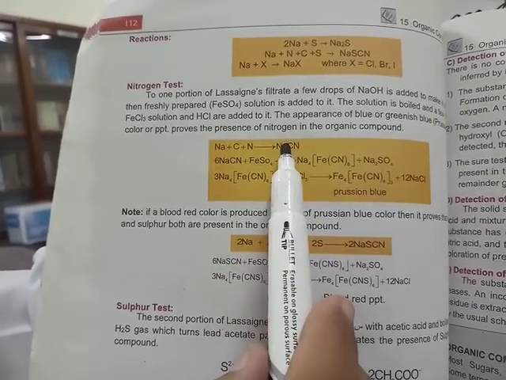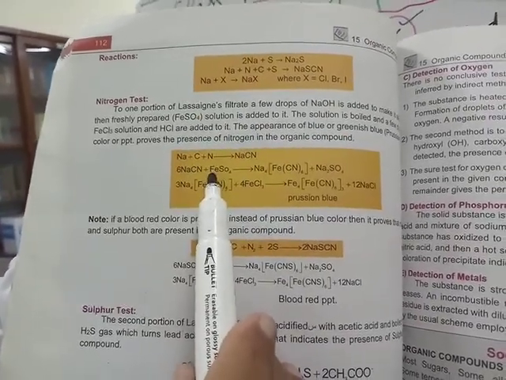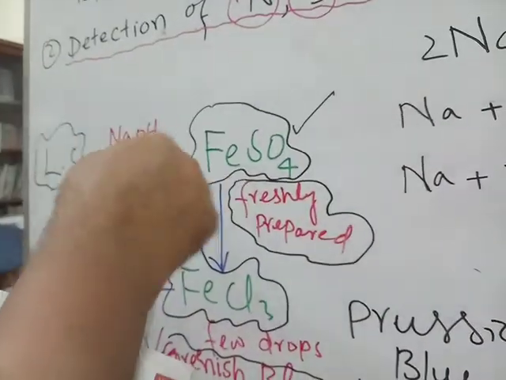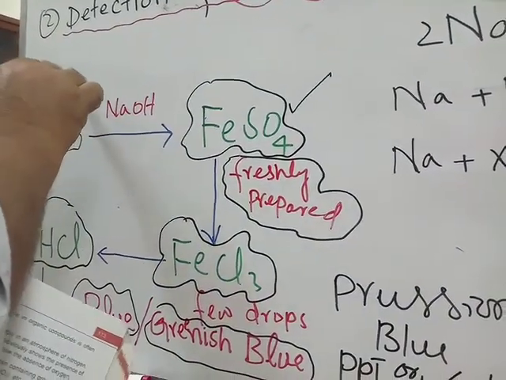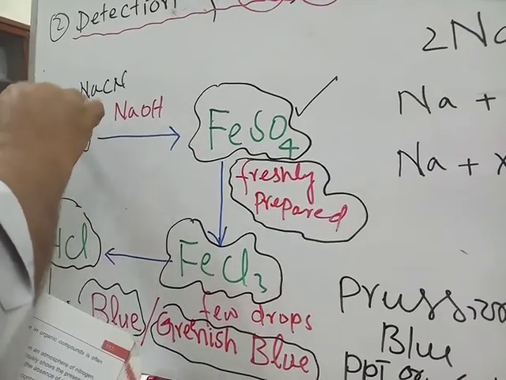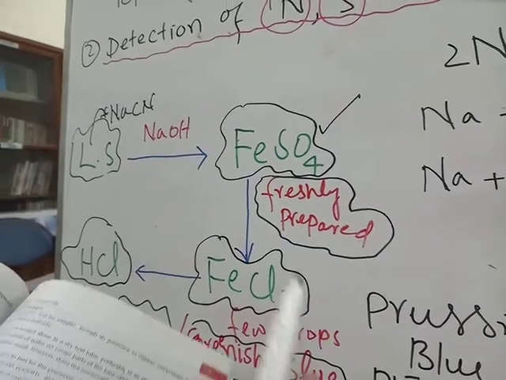The 6NaCN prepared in the first step reacts with ferrous sulfate. The Lassaigne solution has sodium cyanide and it reacts with the ferrous sulfate.